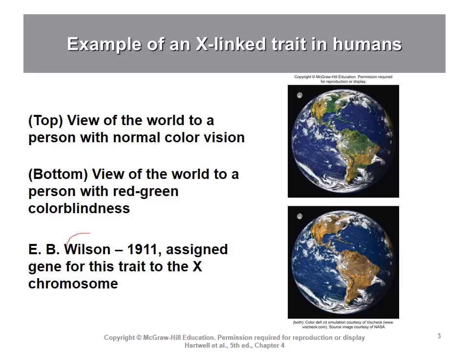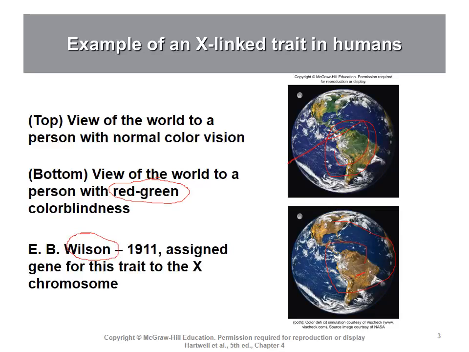So Wilson followed the inheritance of a trait, a disease called color blindness, in which the individual cannot distinguish between red and green. You will see them as the same color. So normal individuals will see red and green as in this picture, while the color blind ones will see red and green as a brown color.